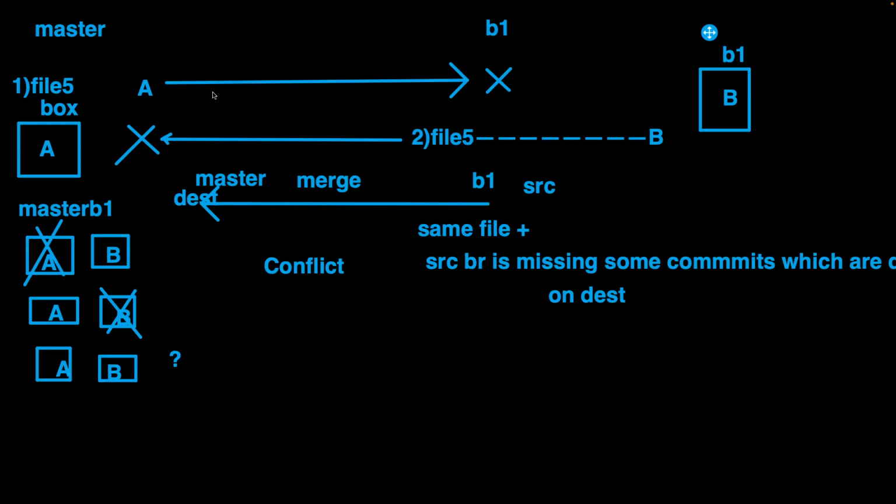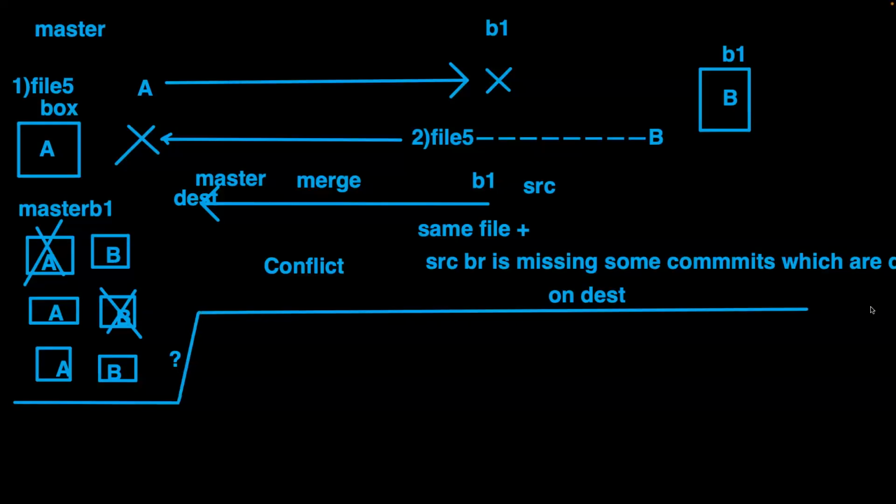Is this clear for you? Why did you get a conflict? It's the same file and commits are missing. I will take another example for clarity. Okay, there is a master branch. There is some file 1, file 2.